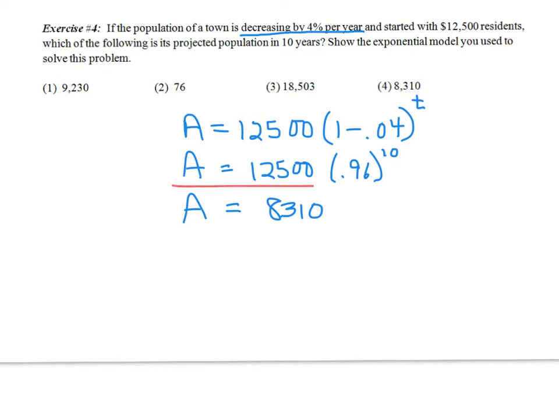Now, right away you should recognize that the number of people has gone down. I had started with 12,500 residents, but because my population was decreasing, I have a number that's smaller than 12,500 after 10 years. And again, remember that base being between 0 and 1 is telling me that this is an exponential decay problem. This is choice number 4 in our multiple choice answer.